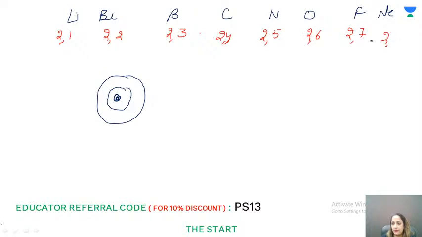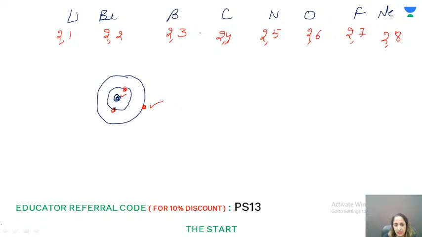Okay guys, as we are adding electrons here, there are 2 electrons over here, and in lithium, 1 electron is added. Remember one thing: when we are adding electrons, protons and neutrons are also getting added in the nucleus.